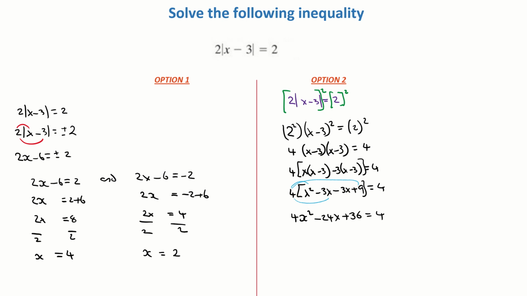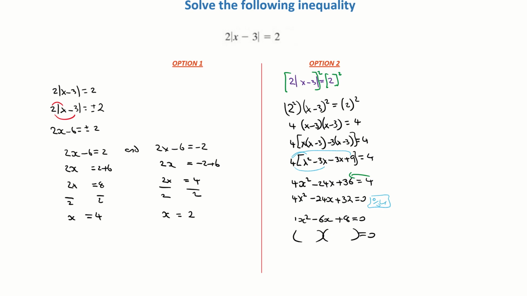I'm going to subtract 4 from both sides, and that gives me 4x squared minus 24x, and then 36 minus 4 is plus 32, equal to 0. I now need to solve this quadratic. I'm going to divide by 4 first to make it a little bit easier. So 4 into 4 is 1x squared, 4 into 24 is 6x, and 4 into 32 is plus 8, equals 0. You can solve this now using your factors or your minus b formula, whichever you prefer.